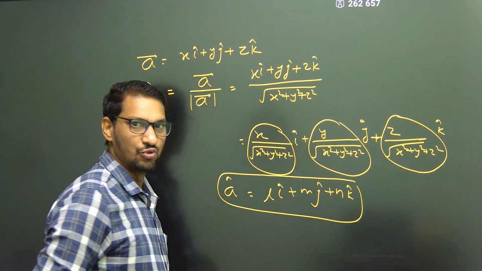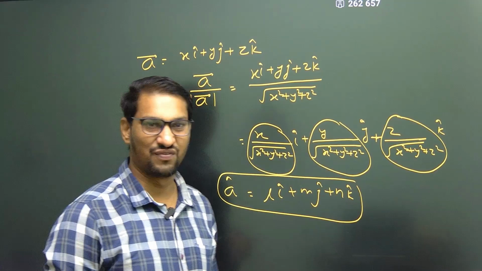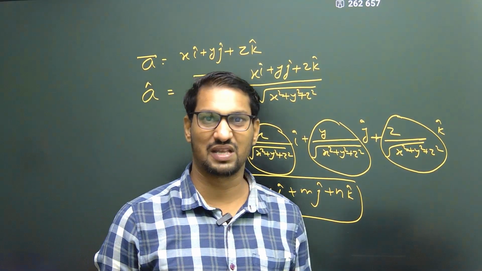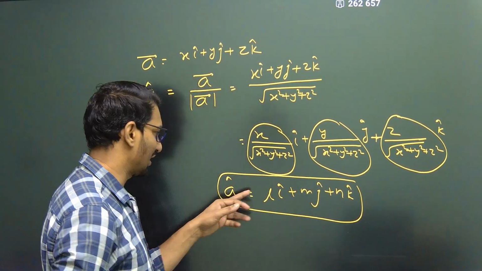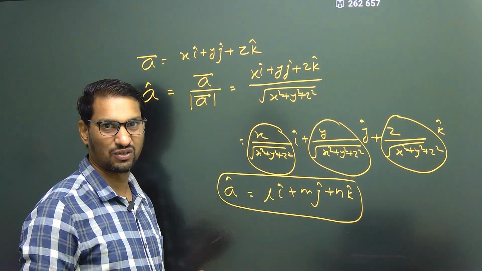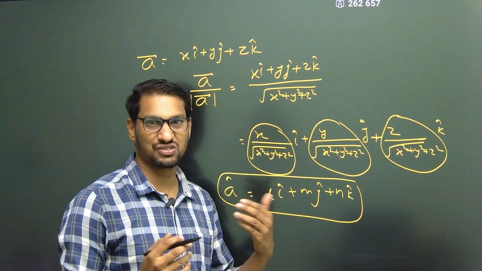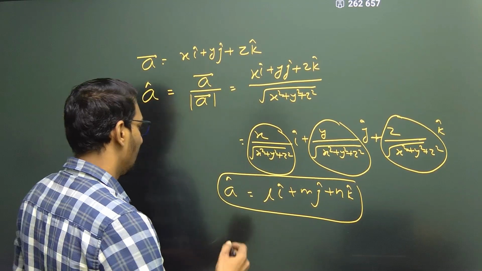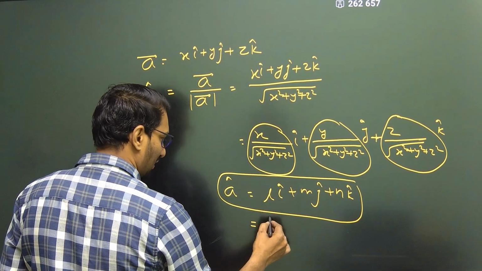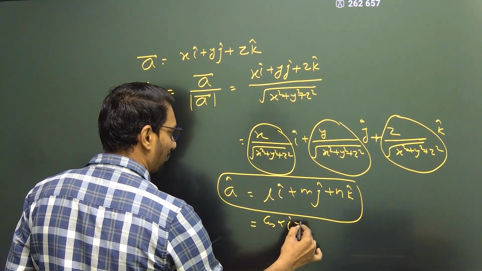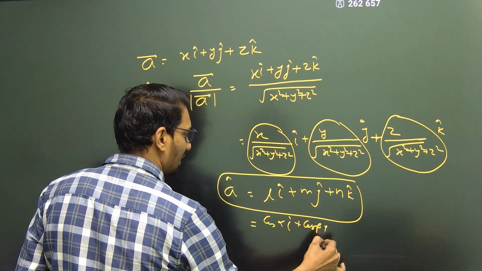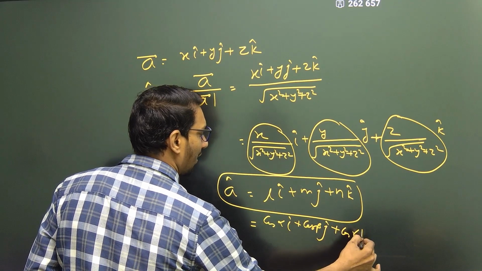Therefore, the unit vector of any vector is nothing but L i plus M j plus N k. Components of unit vectors are direction cosines. This is an important concept which is frequently asked in different competitive exams. We can also write it like this: cos alpha i cap, cos beta j cap and cos gamma k cap.